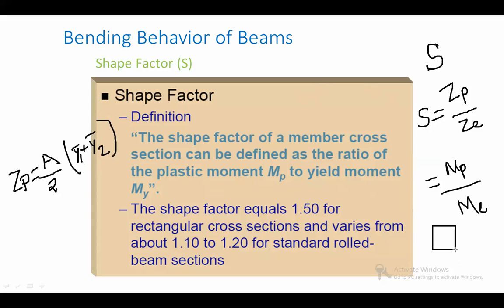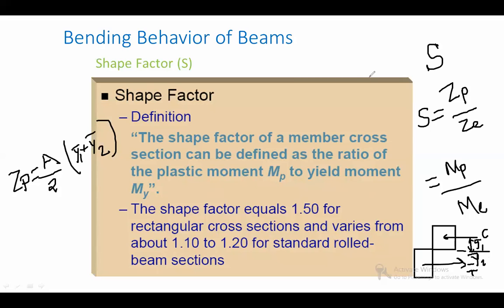For the plastic section, you apply the compressive force and the tensile force. Above the equal area axis and below the equal area axis, up to the centroid, whatever the distance is, above the equal area axis is called y1 bar, and below the equal area axis is called y2 bar.